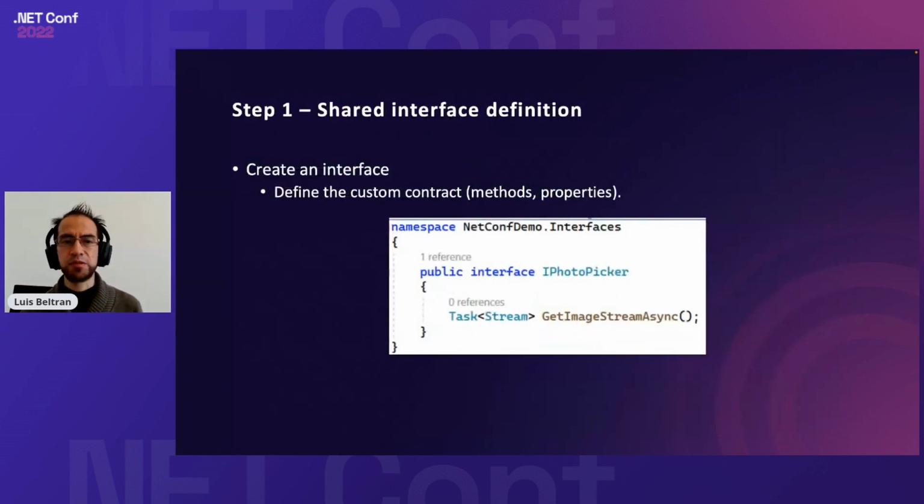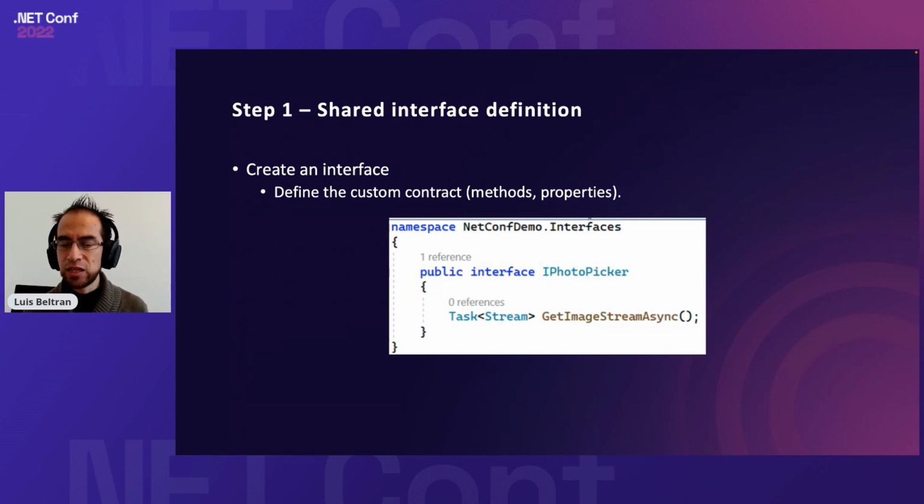So how to take advantage of this dependency injection? I have some steps. First, don't forget that in .NET MAUI you only have one project, but if you want to implement platform-specific code, there is a Platforms folder. So the first step: create an interface that is part of the project.